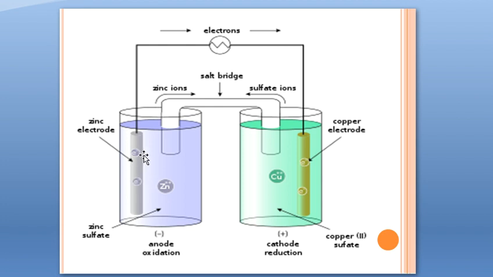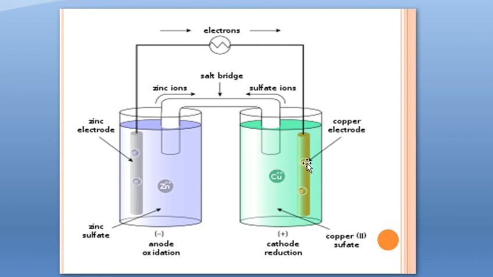Zinc starts losing electrons. It starts undergoing oxidation. Now there are two things. When zinc atom loses electrons, one, you will get the electrons. Second, you will get the zinc divalent positive ions. Those ions are here in the solution, and electrons in this external circuit move from zinc electrode to the copper electrode, right?